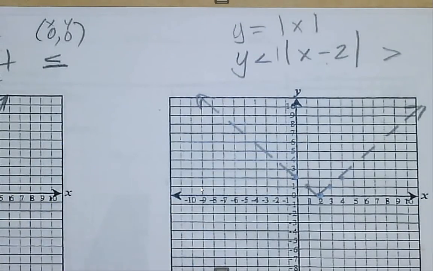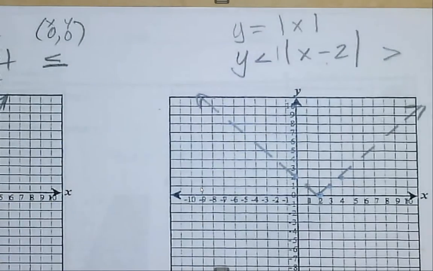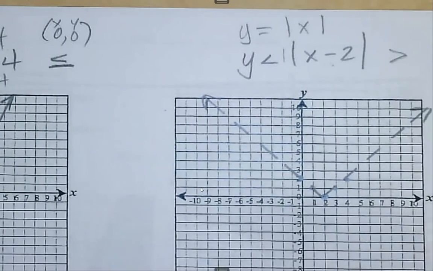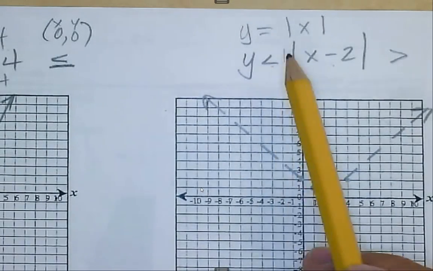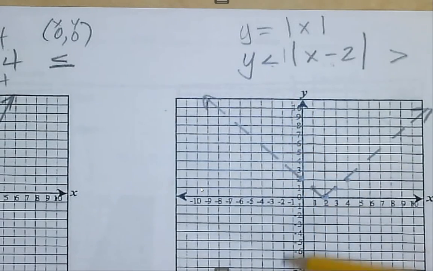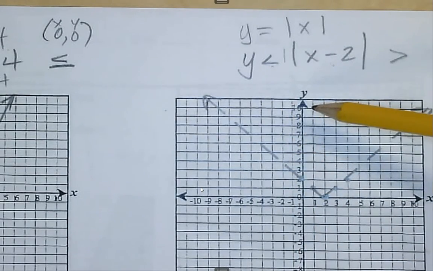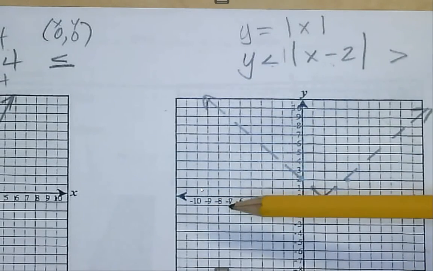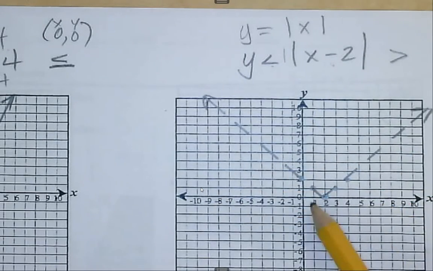The only thing left to do now is to shade this graph. Now again, I'm looking at this, and it says y is less than. So would less than be below the line or above the line? Well, less than should indicate below the line. But again, I'm going to use a test point just to be sure, because you notice that 0, 0 is not on my line, so I could use that as a test point.